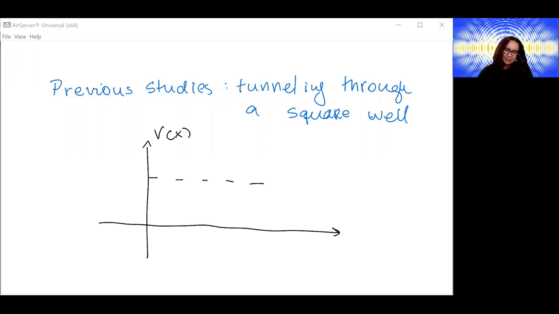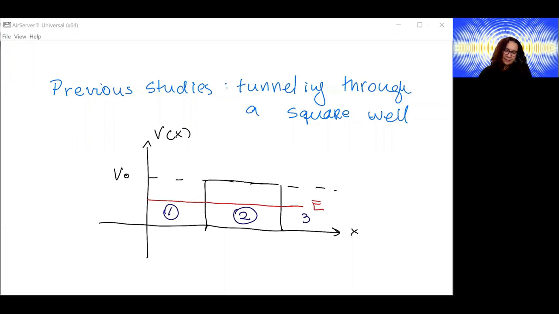So here we have V(x) as a function of x, and this was a square well. And there was a particle of energy E, which was coming from the left, right? So we had region 1, region 2, and region 3.